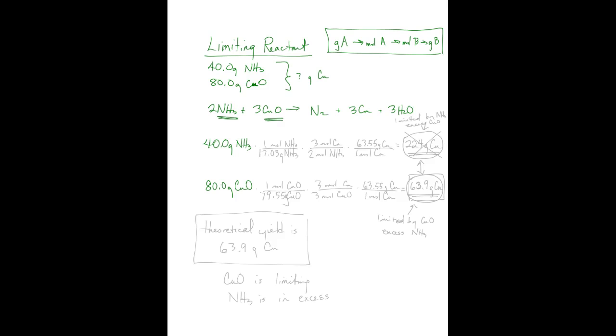So I know that there are 17.03 grams of ammonia in 1 mole of ammonia. So that's great. I've now translated into moles so that I can talk to the balanced equation, and the balanced equation tells me that 2 moles of ammonia as a starting material will produce 3 moles of copper.